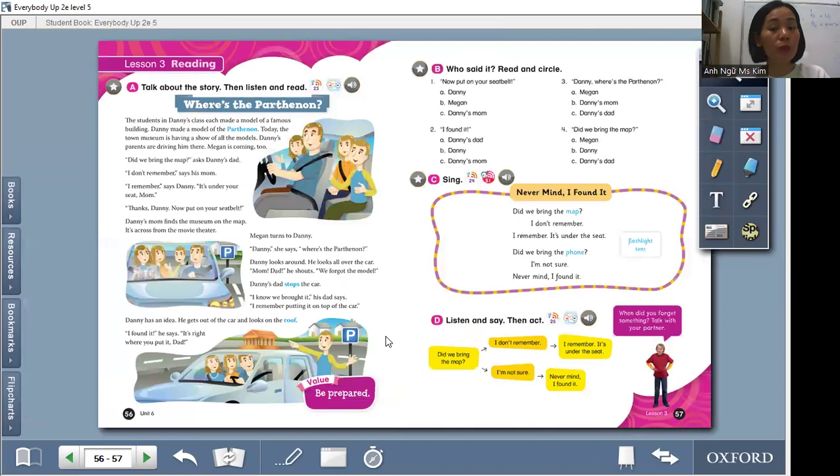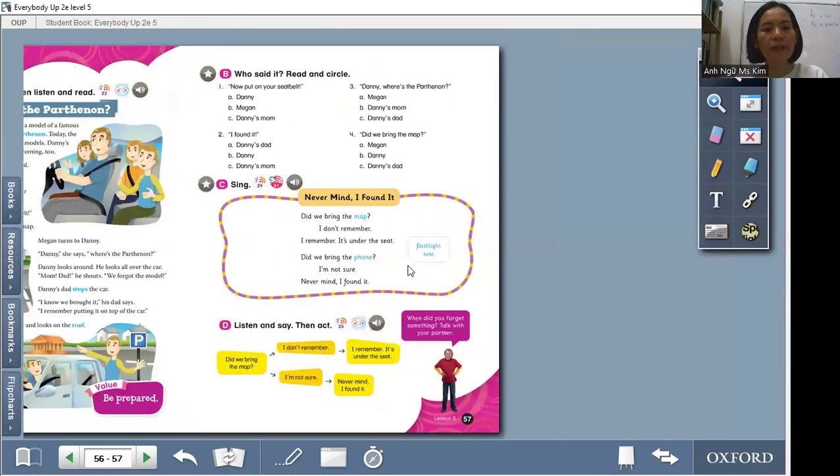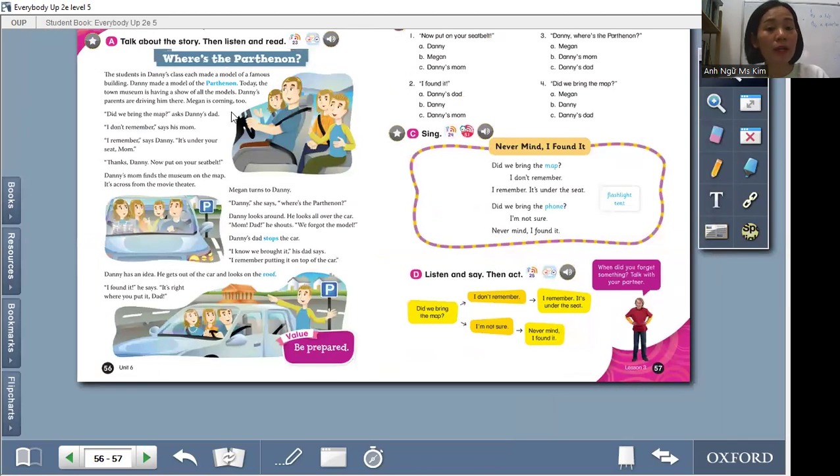When you move to lesson 3, there is a reading part about a story, so you also read the story for her. Explain some vocabulary, and ask her. You can create some questions in the reading to check if she understands.